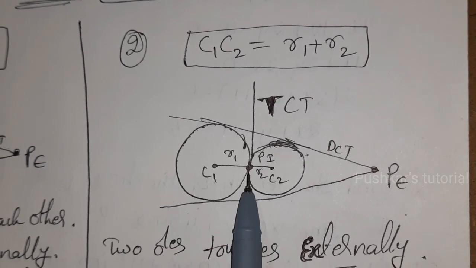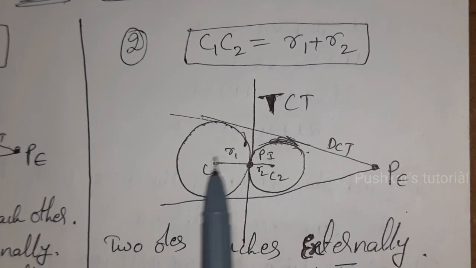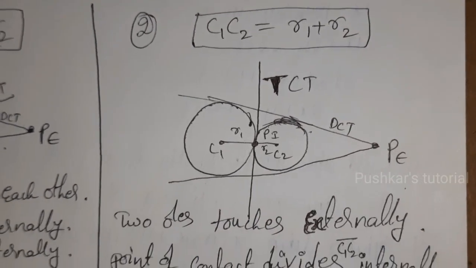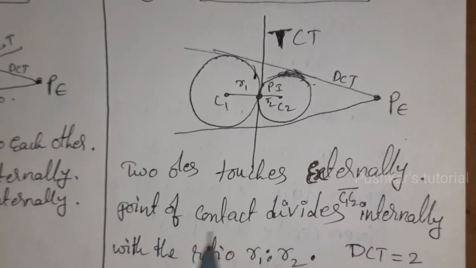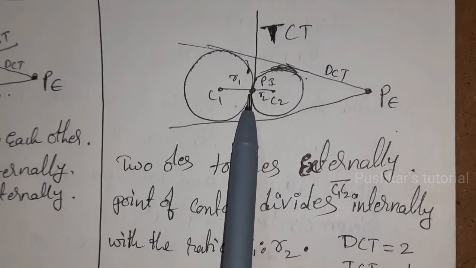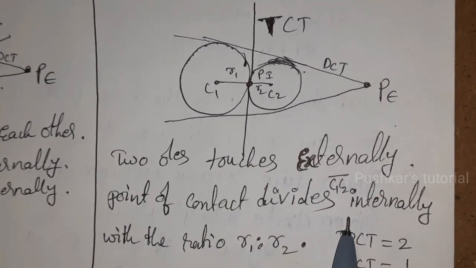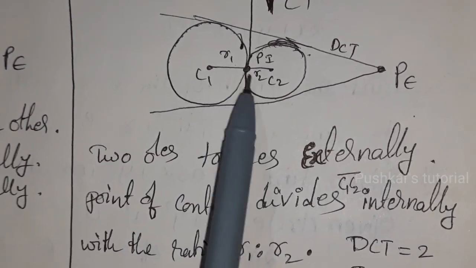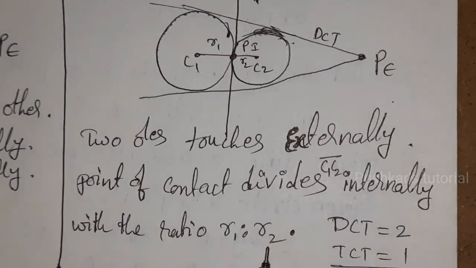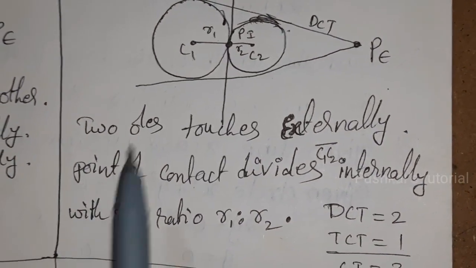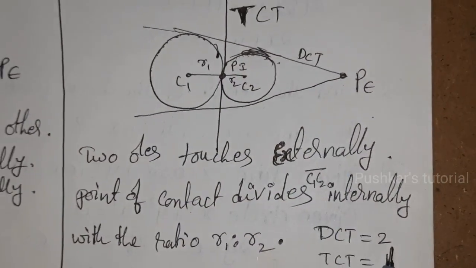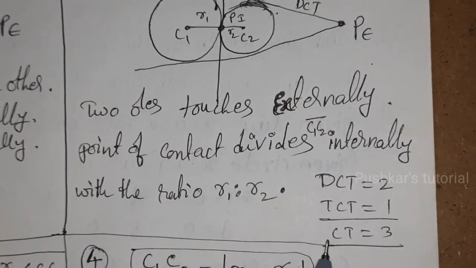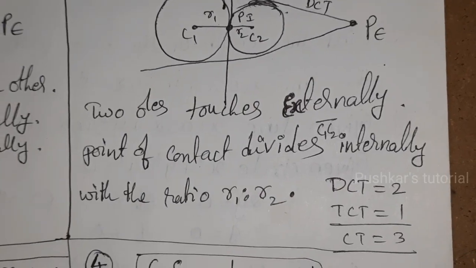These two tangents touch here, where the two circles touch, which is the point of contact. The point of contact PI divides C1C2 internally in the ratio R1 to R2. So how many DCTs? 2 DCTs. How many TCTs? 1 TCT. So overall common tangents are 3.